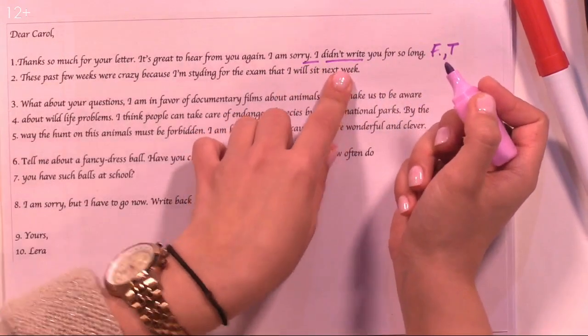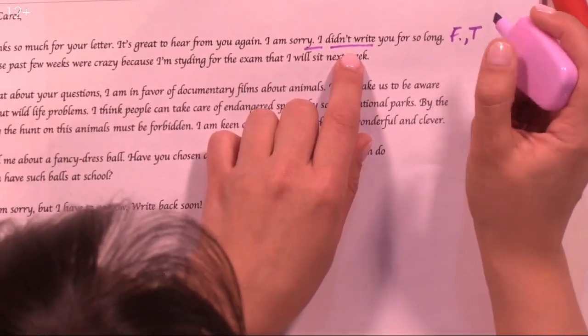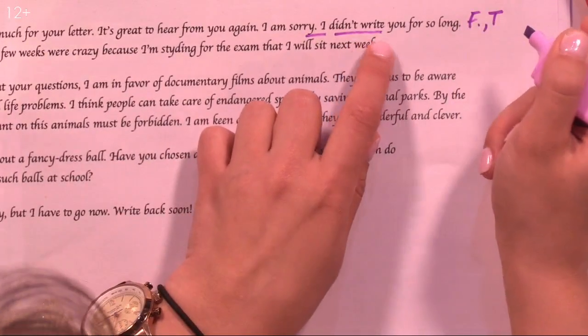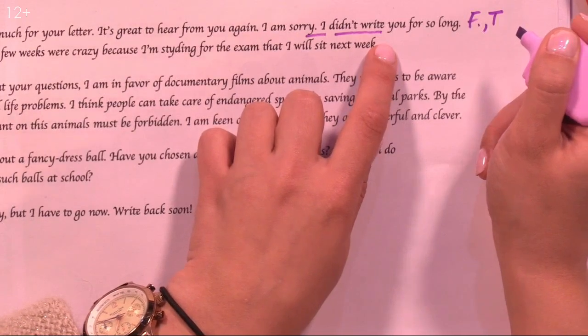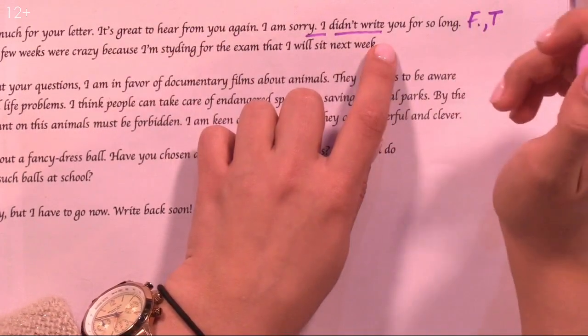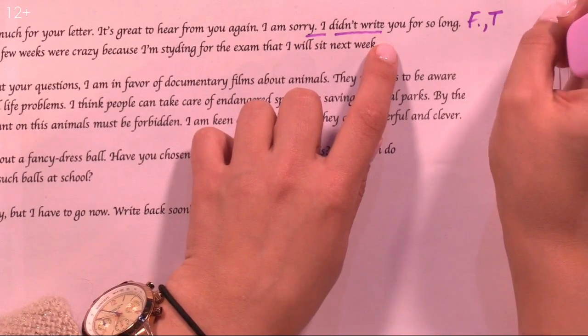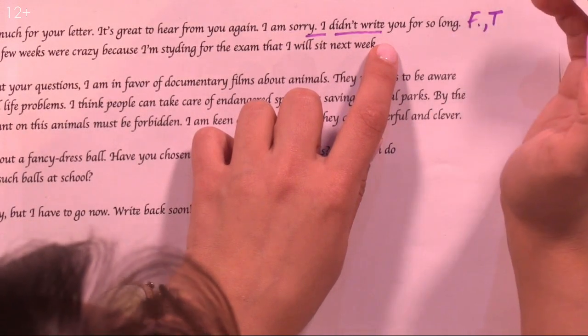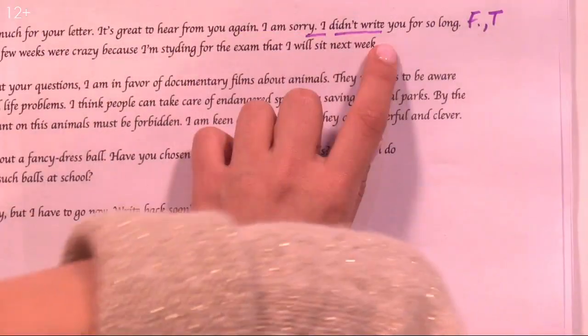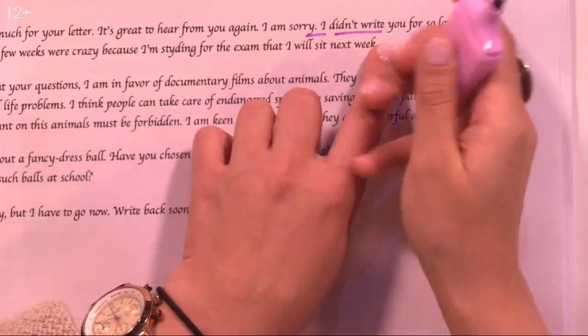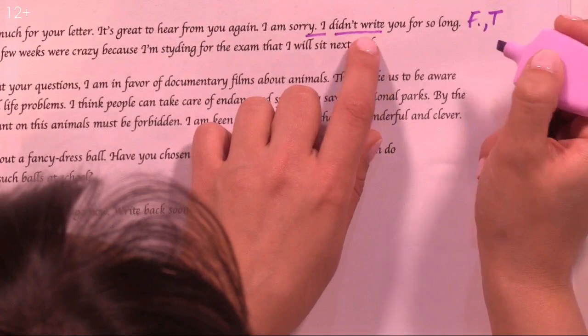I haven't written, right, earlier or for so long, because there is no reference to a specific moment in the past. It is just for our learners. It started sometime in the past and it is still valid now, right?